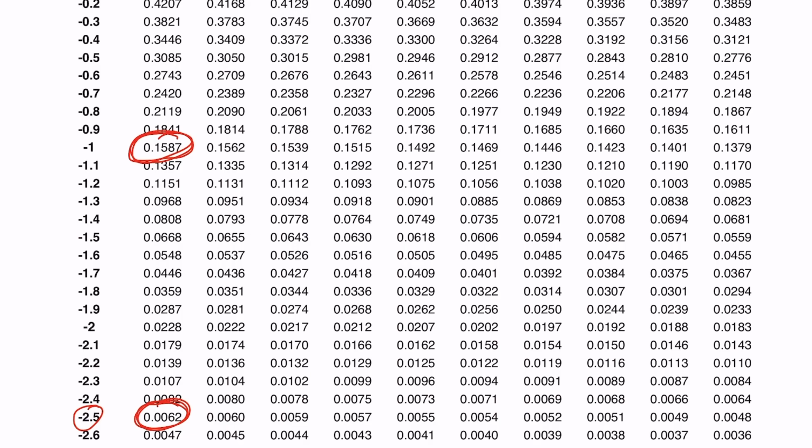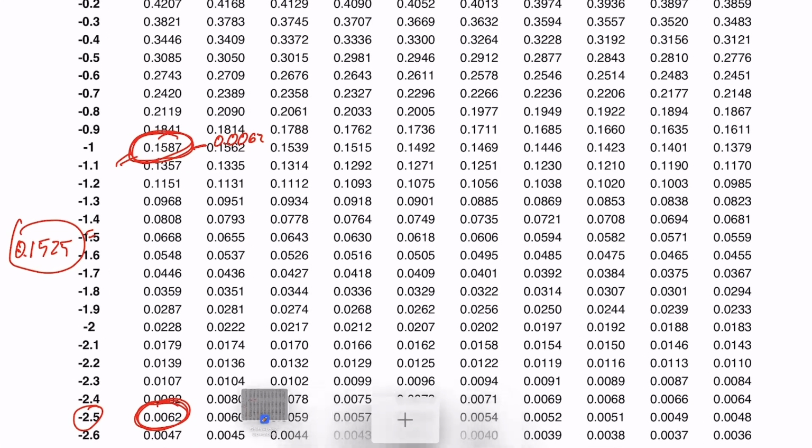And so I'm going to subtract those, and I should get 0.1525.